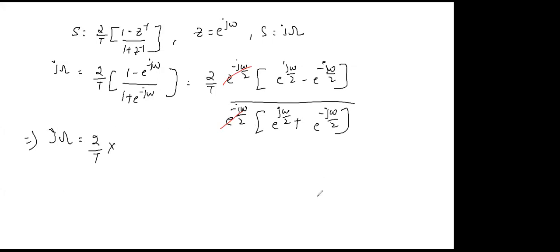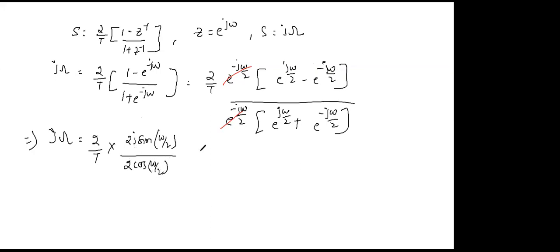It is 2j sin theta. Good, 2j sin theta. Similarly, e to the power j theta plus e to the power minus j theta, what is the value? 2 cos theta, because theta is omega by 2.